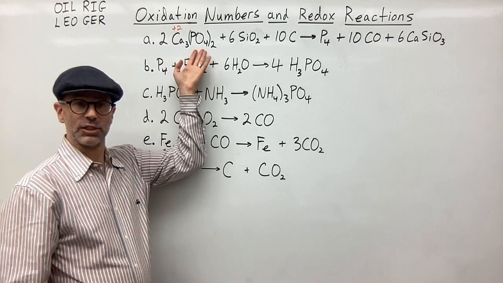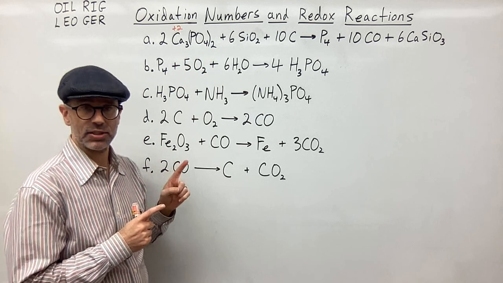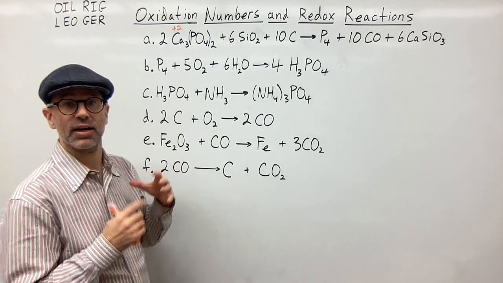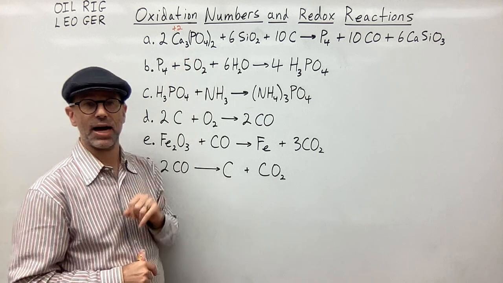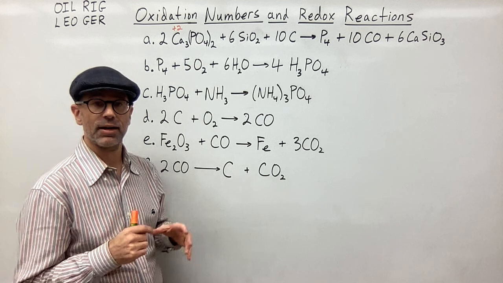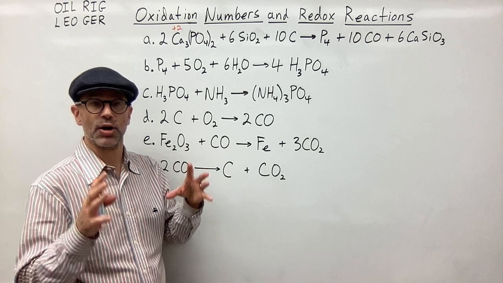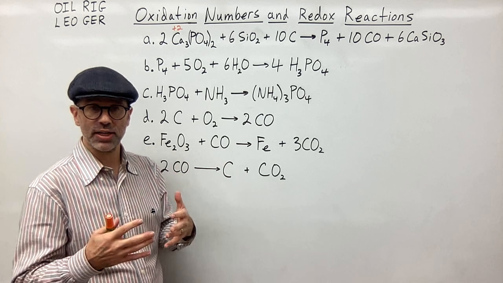Now for phosphate, that's an ion too, but we're going to assign oxidation states to each atom in the ion itself. So phosphorus and oxygen will have oxidation states. Another rule is that the oxidation states of the atoms that make up your ion should add up to the overall charge on the ion.